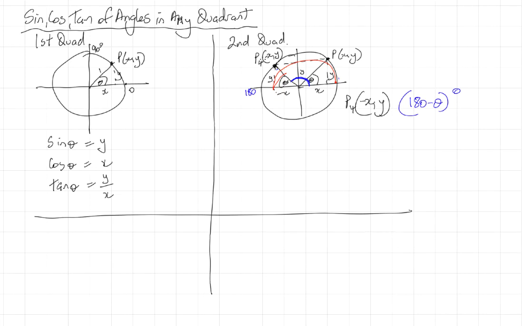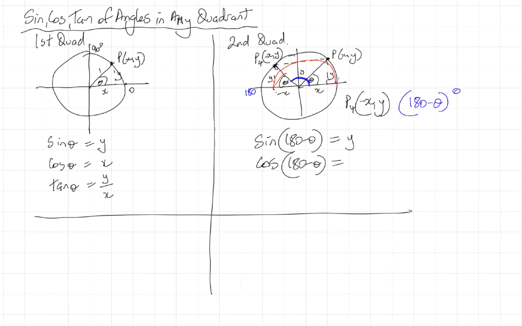Okay, so looking at P4 and knowing that the sine of the angle is simply the y coordinate of the point P. Now the y coordinate of P4 is here. The y coordinate is simply y. The cos of 180 minus theta is the x coordinate.